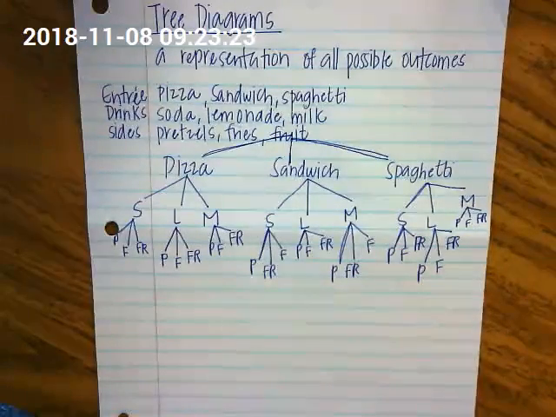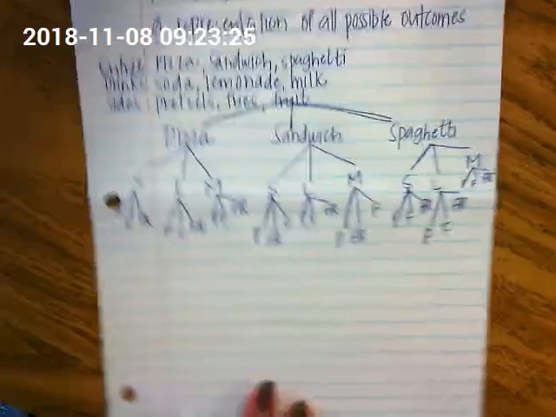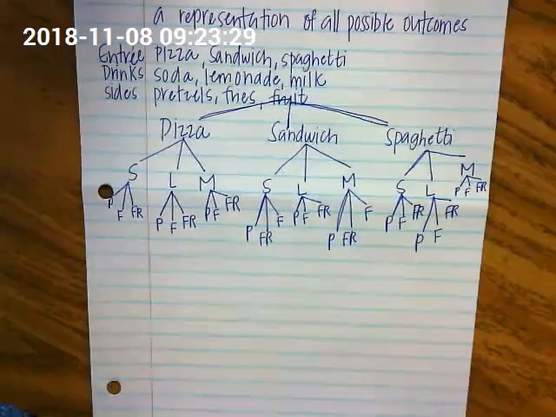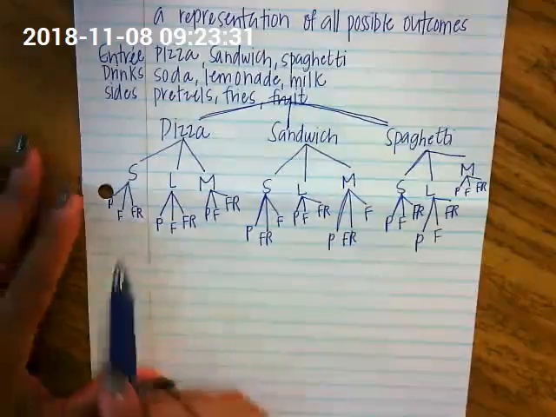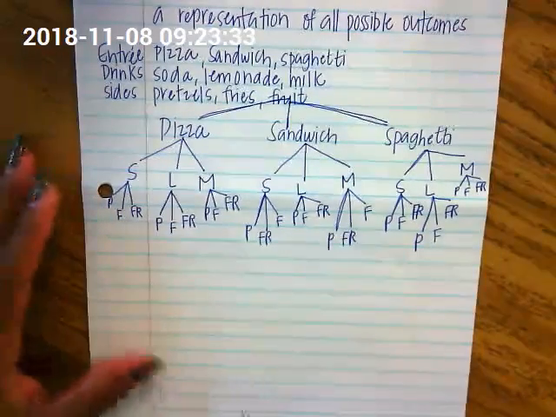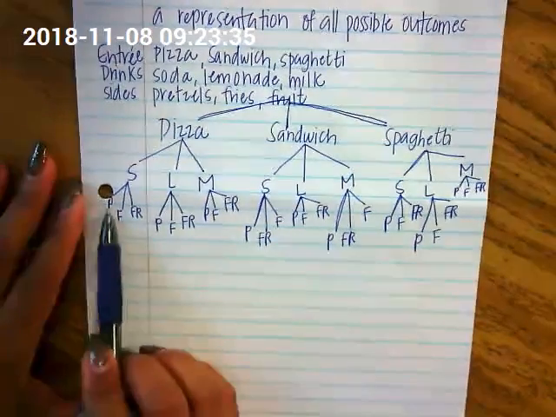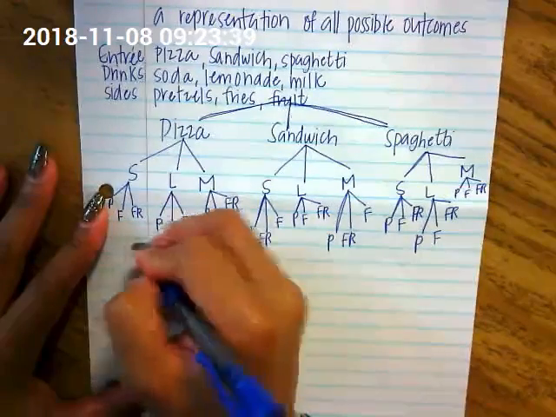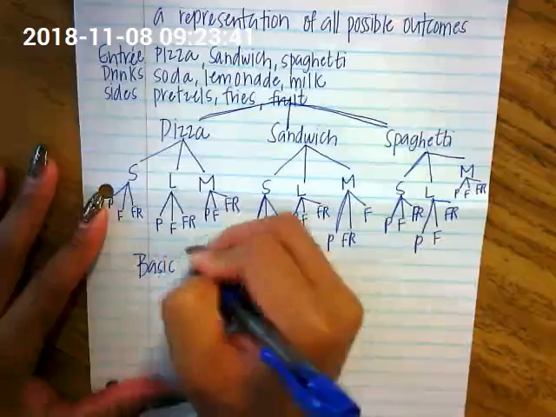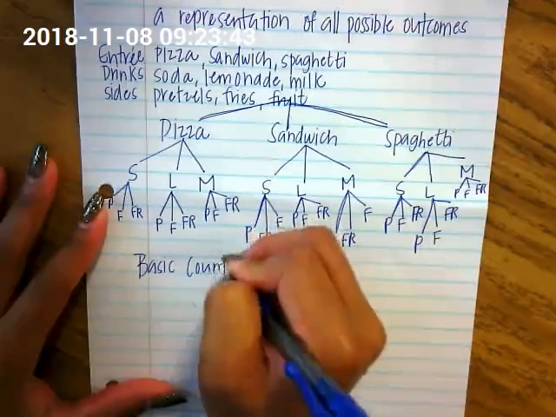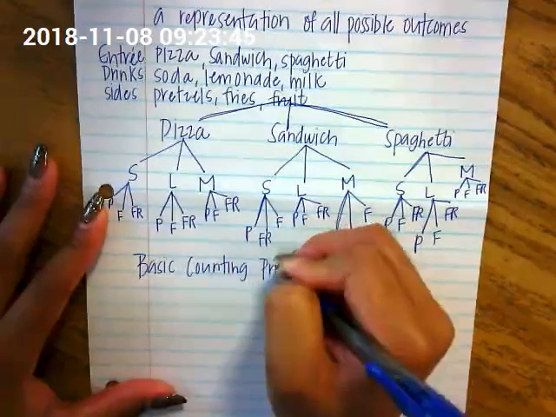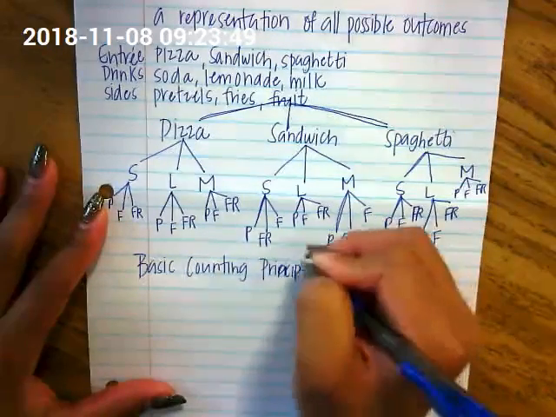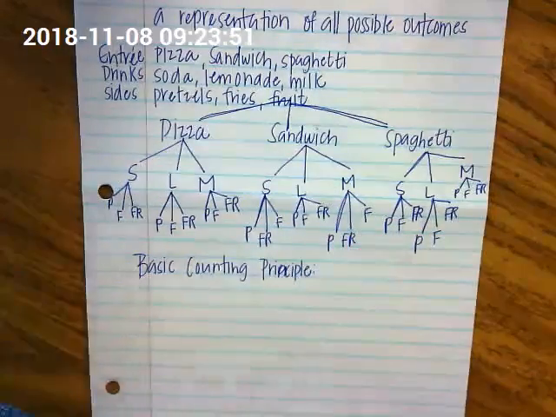Now if I wanted to figure out how many total outcomes or combinations I could have, I can go ahead and count the very last row. Now this is what we call the basic counting principle. Believe it or not, you do it in college too.